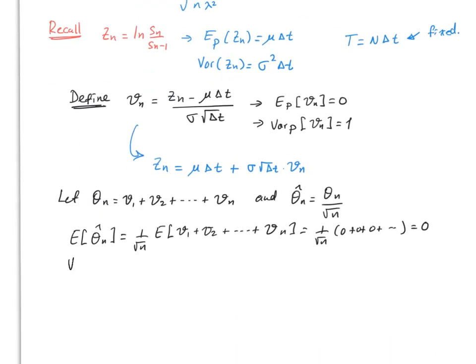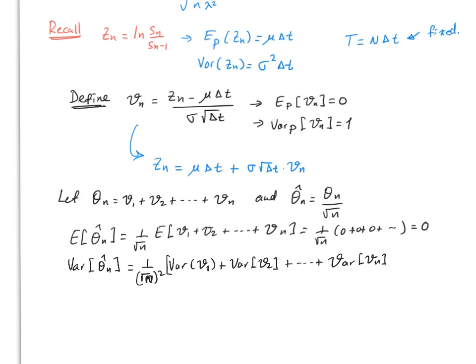And that the variance of theta hat n is the same thing as 1 over radical n squared times the variance of epsilon 1 plus the variance of epsilon 2 and so forth, all the way to the variance of epsilon n, which will give you n over n, which is equal to 1.